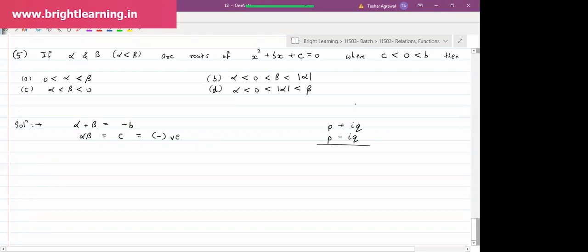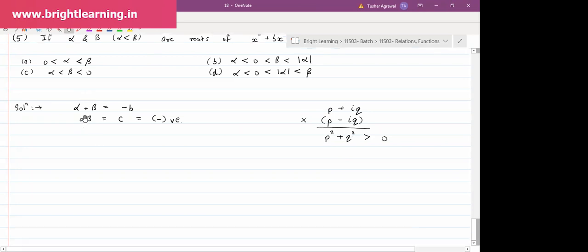The two roots will be conjugates, and the multiplication of complex conjugates is always positive: p square plus q square, which is always greater than 0, not even equal to 0. Multiplication of conjugates is always greater than 0. And here, the product of the roots is negative.